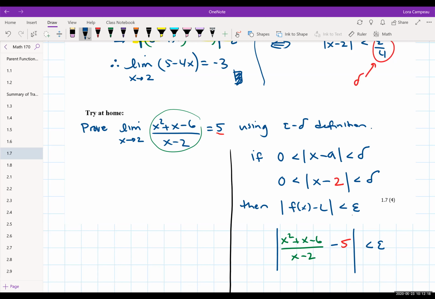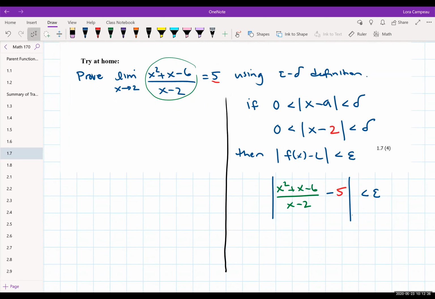So we're trying to prove this in the very end. And usually what happens, our goal is to figure out how to get an x minus 2 somewhere in this particular statement.